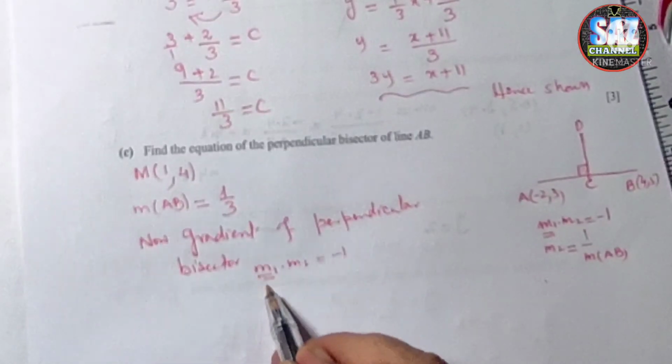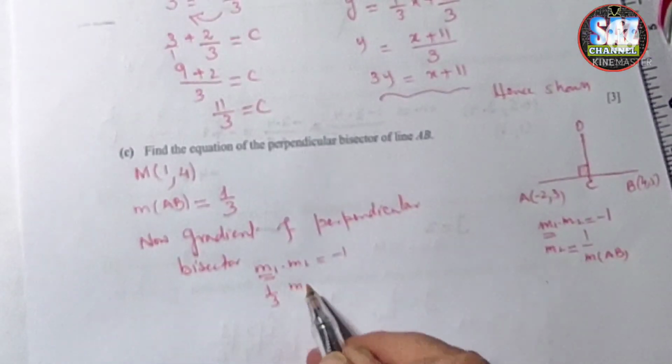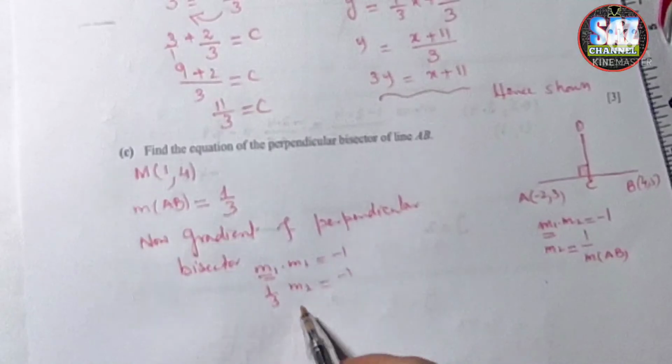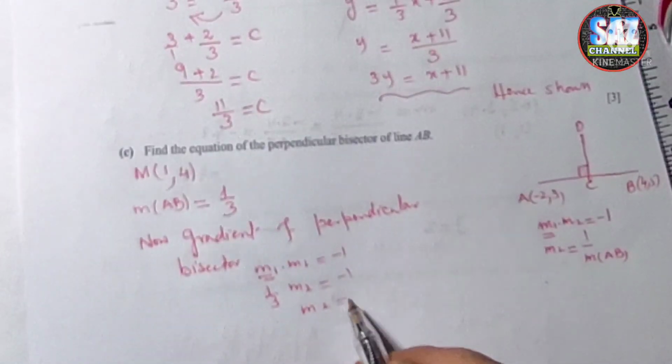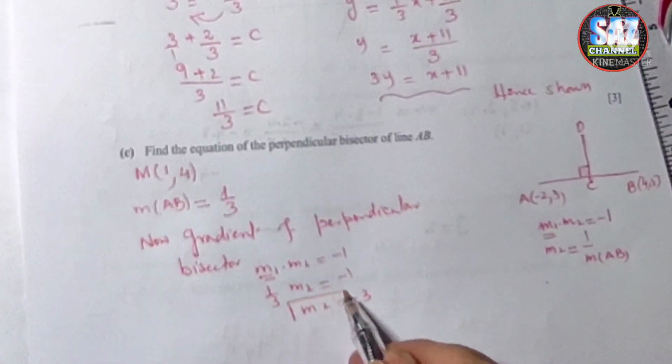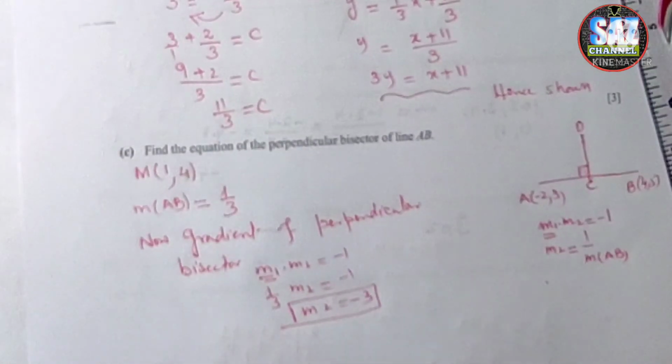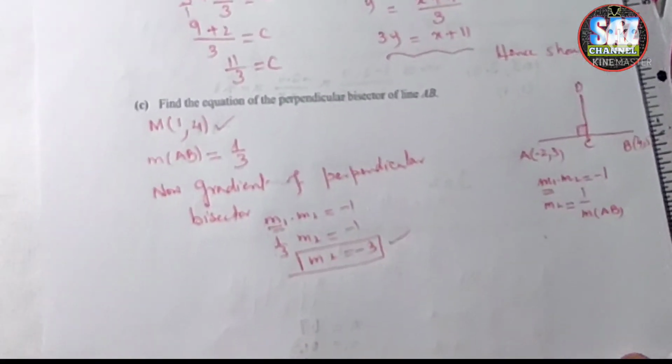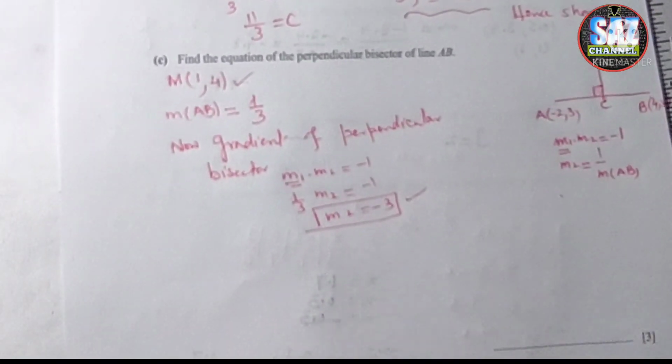This is the gradient of AB, 1 by 3, and this is the new line's gradient. M2 equals -3. We have the gradient with us. We have the midpoint with us. So with the help of these two things, we can find the equation of the perpendicular bisector easily.